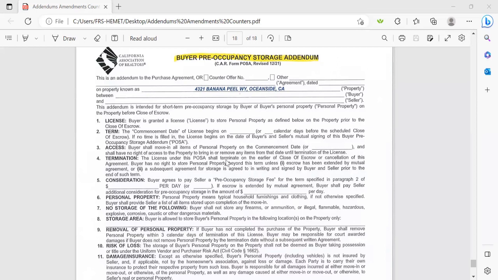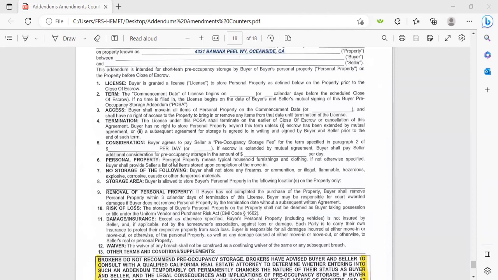Termination, this license shall terminate on either cancellation or close of escrow, one of the two. If it closes escrow, then they're not preoccupying anymore, are they? Or pre-storing. In consideration, buyer agrees to pay this amount of money. Everybody agrees to that.